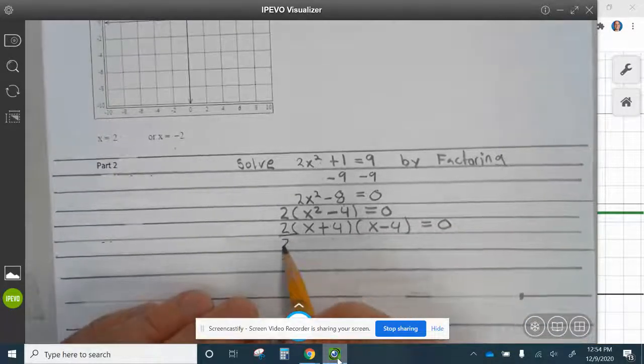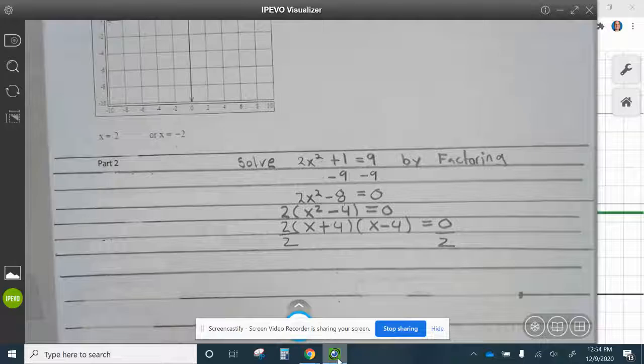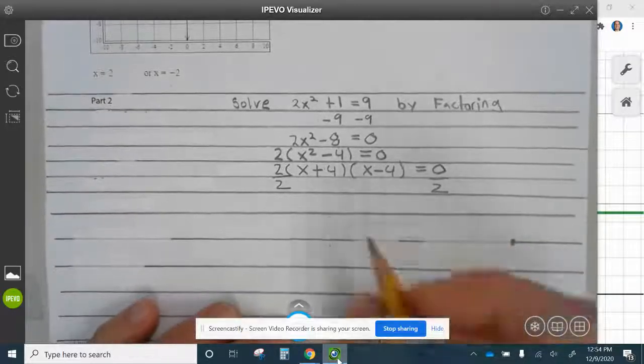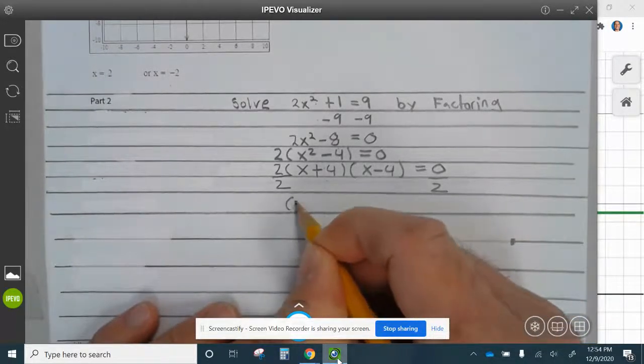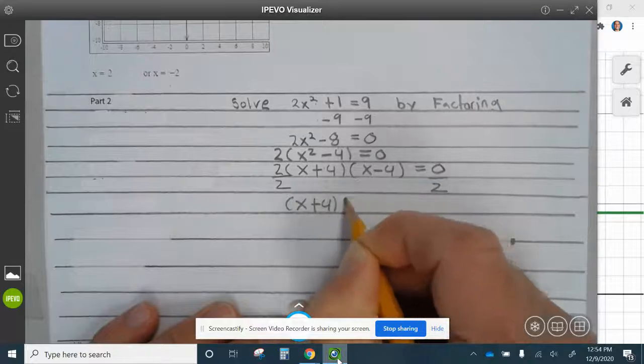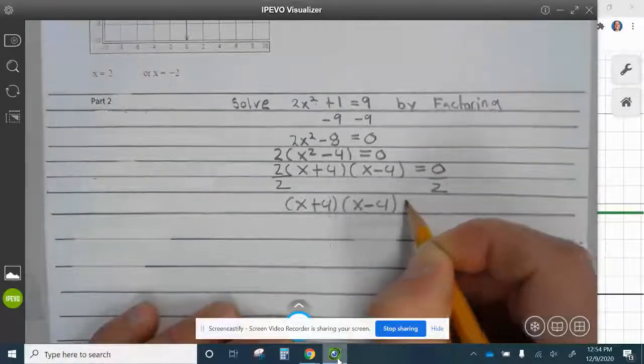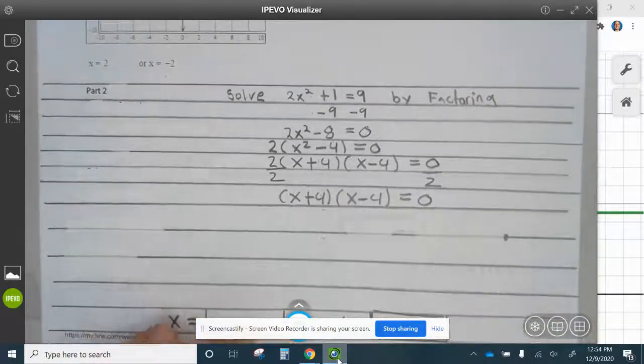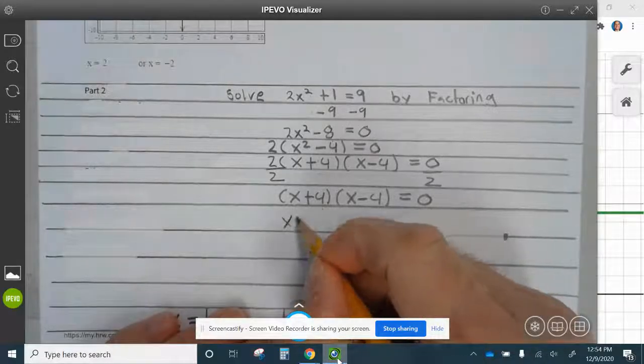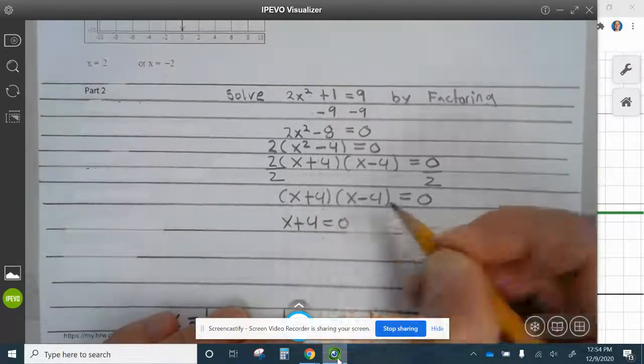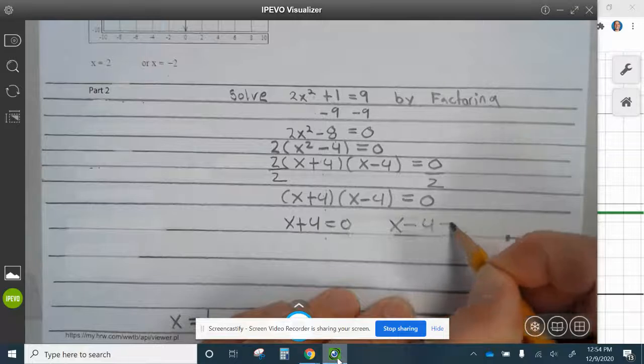Now, we're going to divide both sides by 2. So then you're left with x plus 4 times x minus 4 equal to 0. Set them each equal to 0, so x plus 4 equal to 0, and x minus 4 equal to 0.